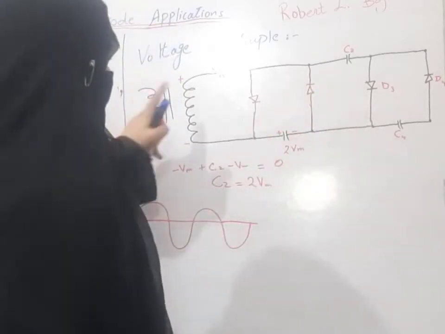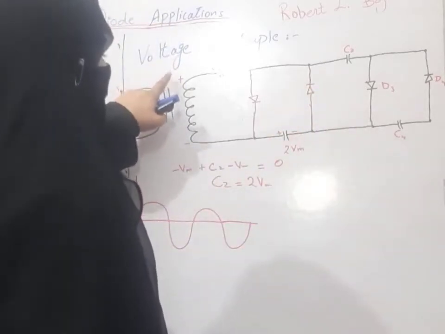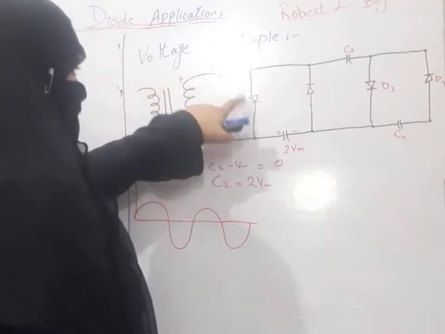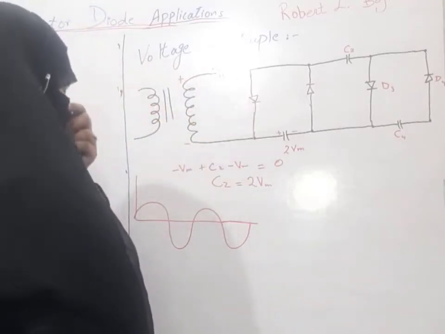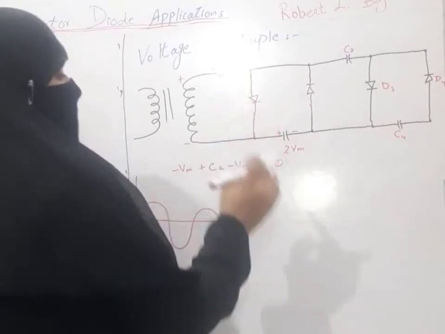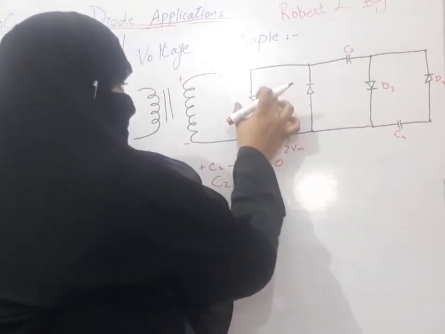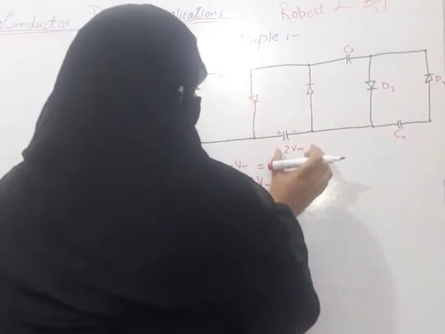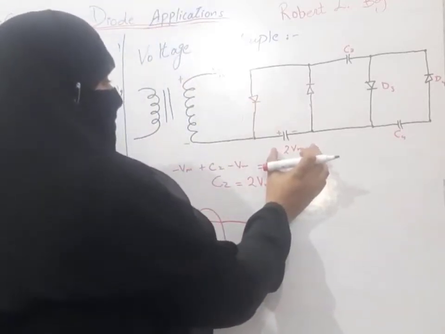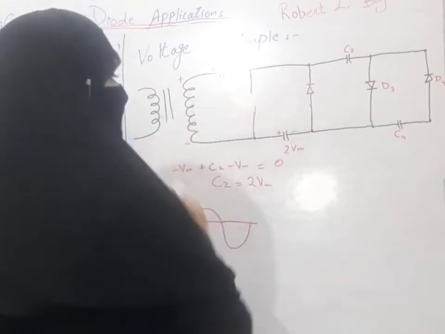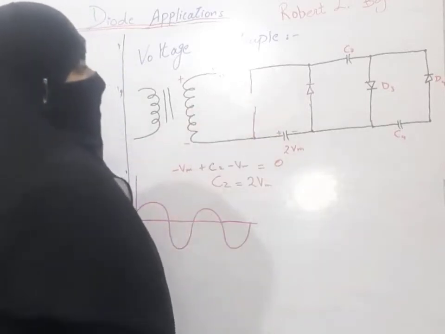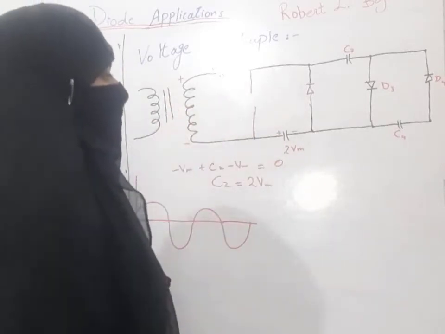For the positive half cycle, the input signal is trying to make this diode forward biased, but our capacitor C2 is trying to make this diode reverse biased. As the voltage of the capacitor is higher, it will be reverse biased and act as an open circuit.